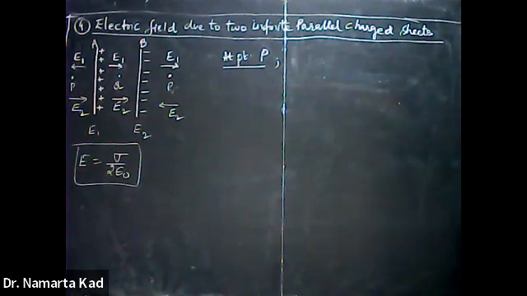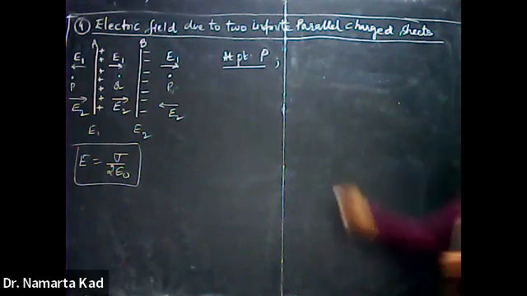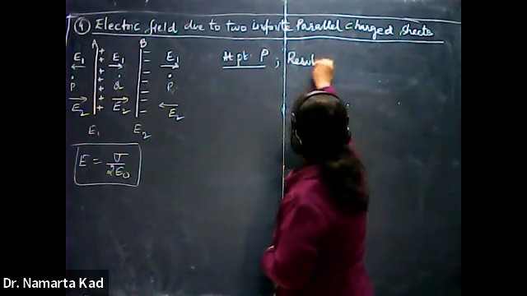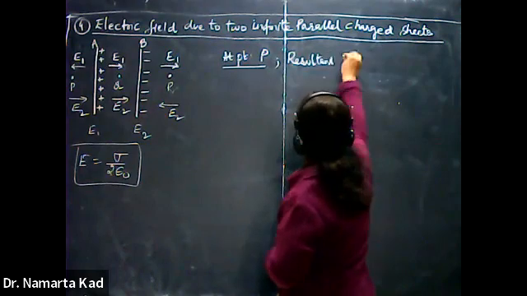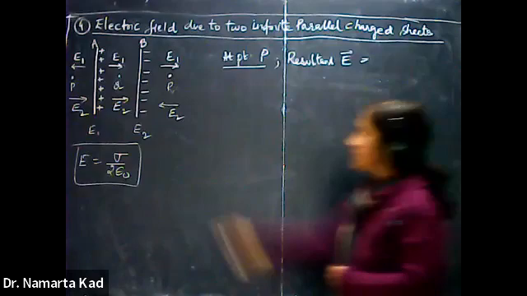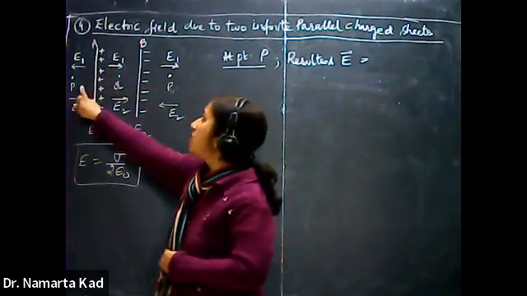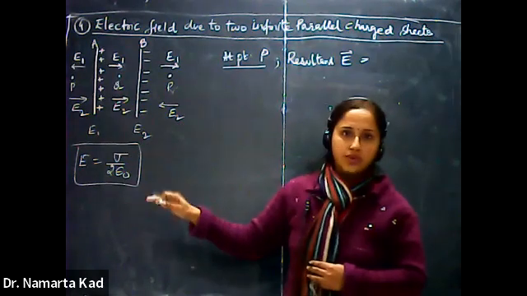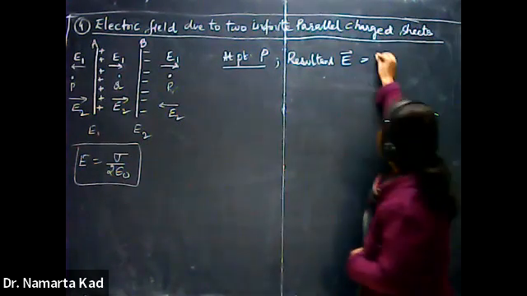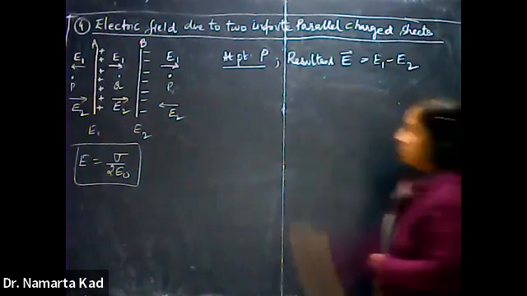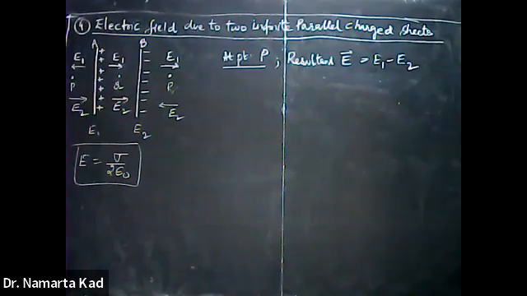at point P first, what is the resultant electric field intensity? As you have seen, at point P the directions of E1 and E2 are opposite to each other. So we can write it as E1 minus E2.